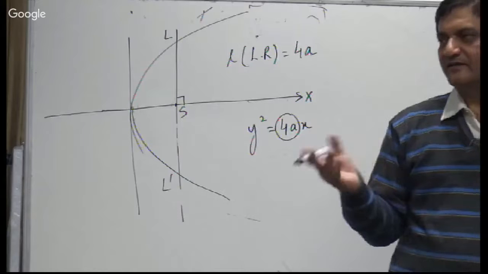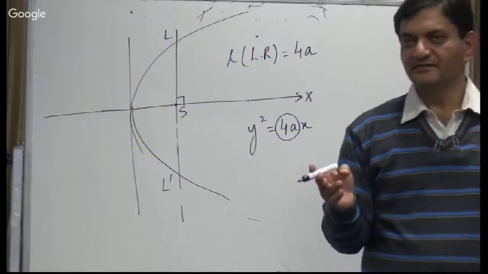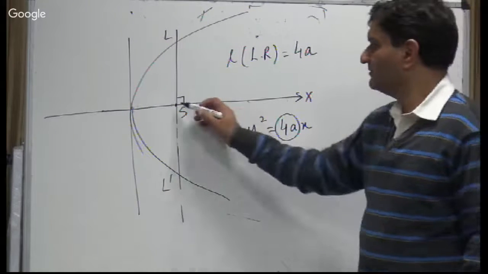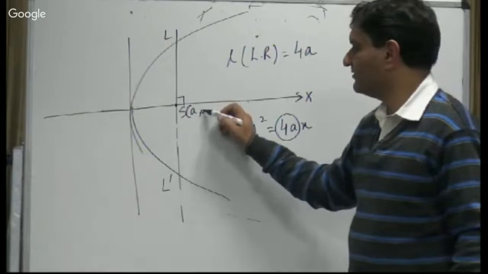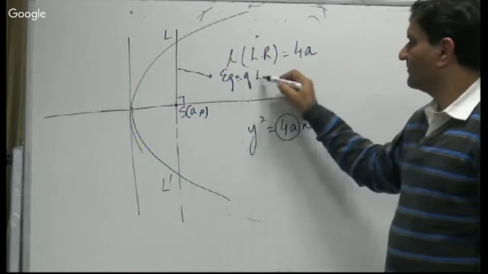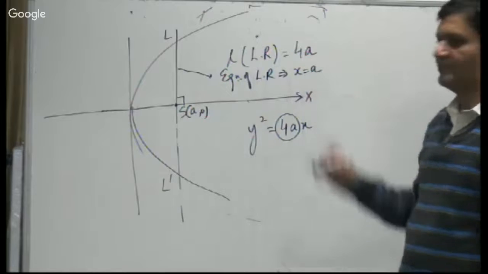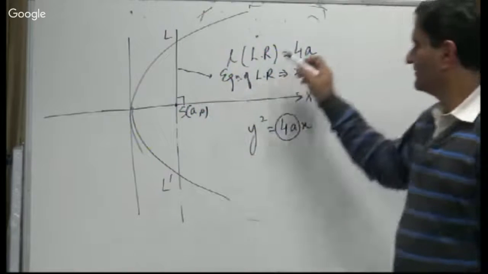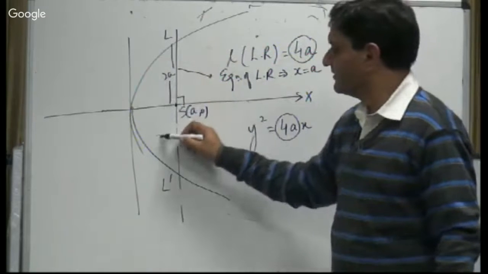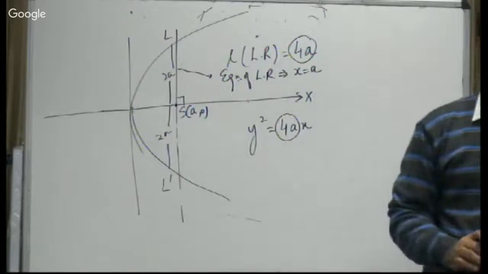It is a line passing through the focus and perpendicular to the axis, so x equal to a, because this point is (a, 0). The equation of the latus rectum is x equal to a. The length will be 4a. This distance will be 2a, and this distance will be 2a again, so the total length will be 4a. Is that clear to all of you?